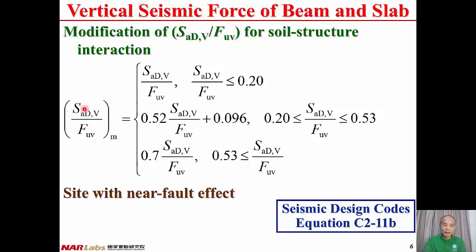Therefore, the ratio after modification equals the ratio before modification. If the ratio is larger than or equal to 0.53, it is modified to be 70% of the one before modification. In between, linear interpolation is adopted.